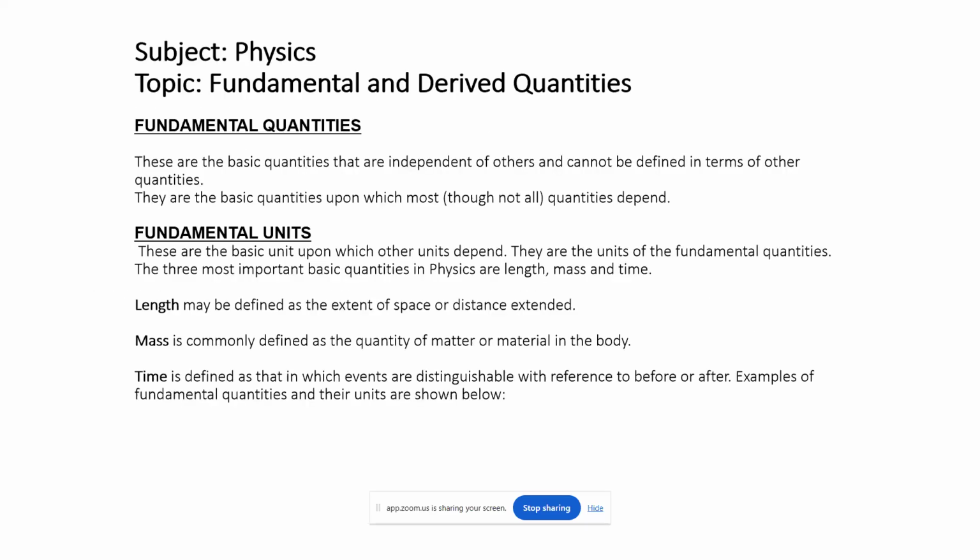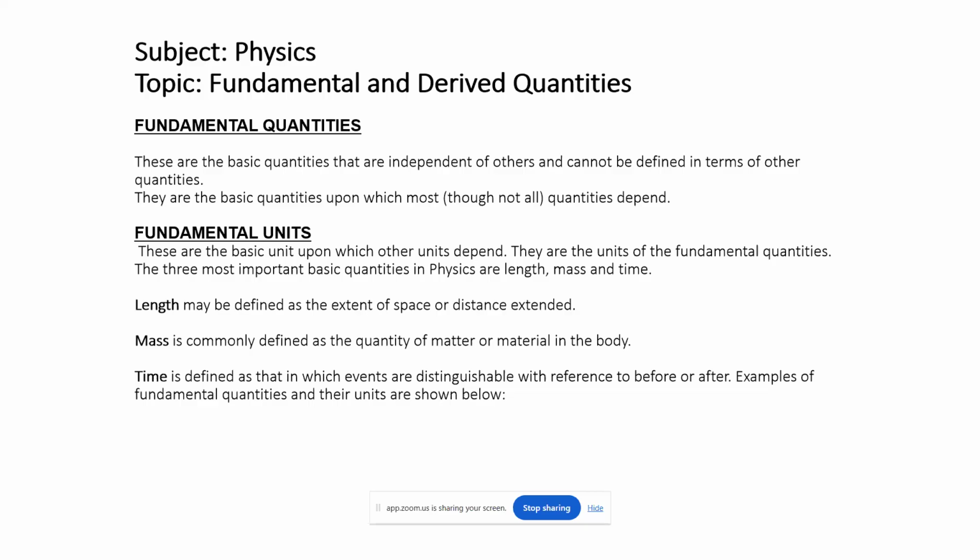Now, fundamental quantities are also known as basic quantities, and these are quantities that are independent of other quantities. They cannot be defined in terms of other quantities. Now, let me use the creation. We say God created the heavens and the earth, then as time goes on, He decided to create other things.